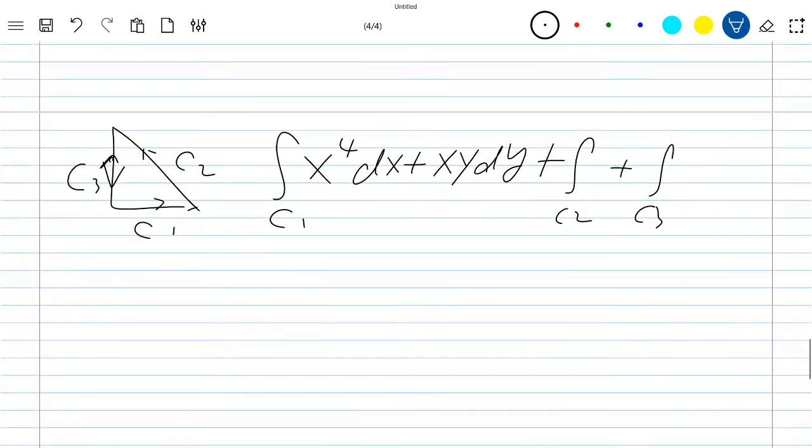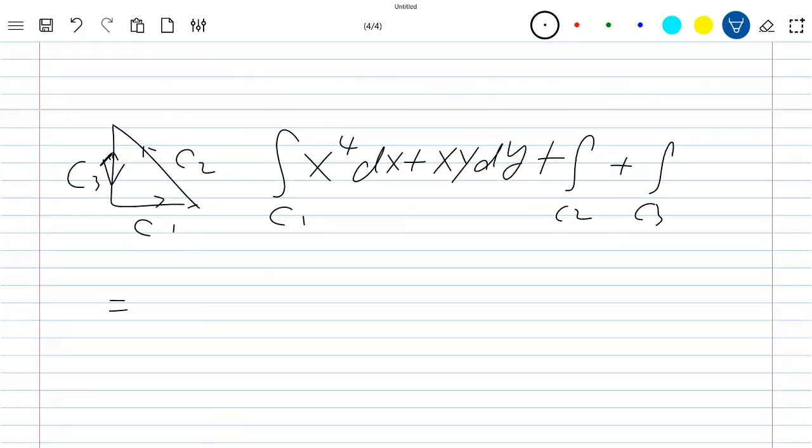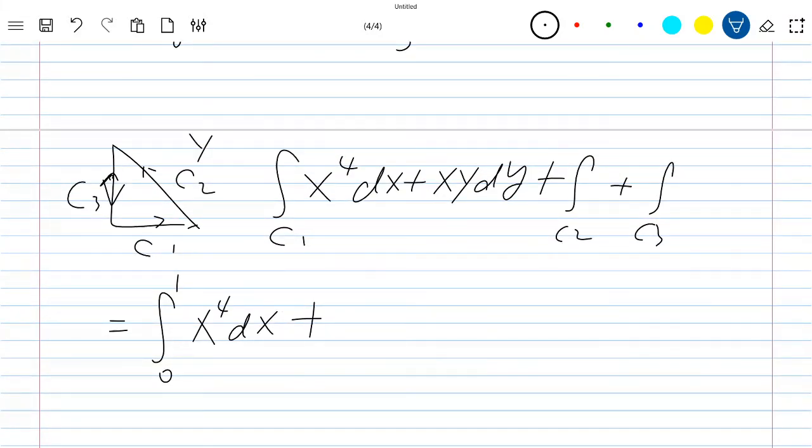Right? So along C1, what do you have? dy equals 0 because it's horizontal. So just x fourth dx from 0 to 1. And C2 is hardest because along C2, y equals x. Oh, y not equal to x. Y equals 1 minus x. So dy equals negative dx.